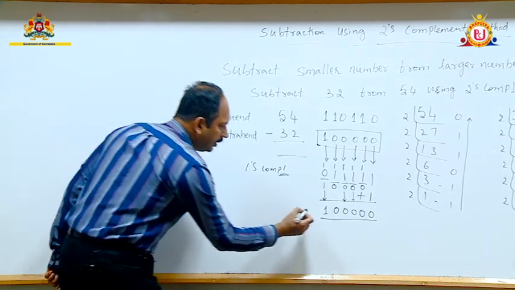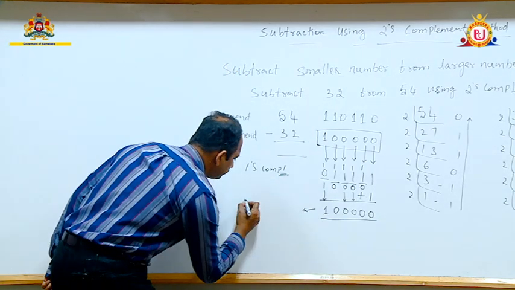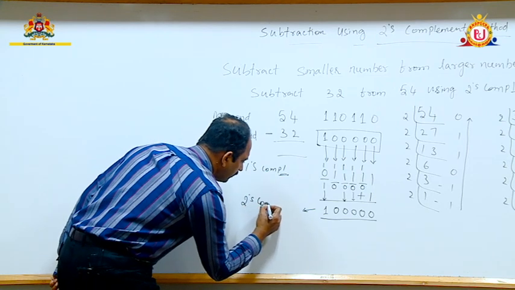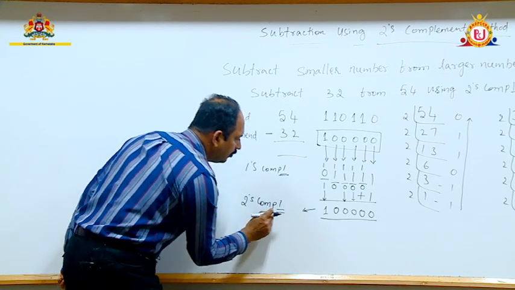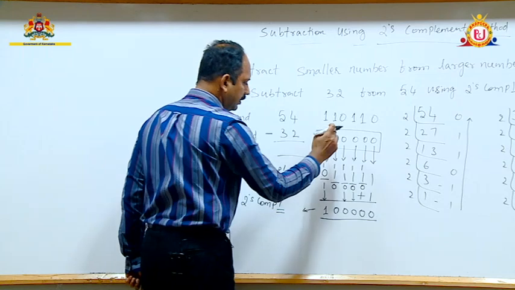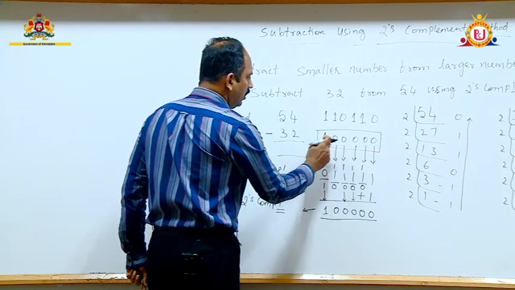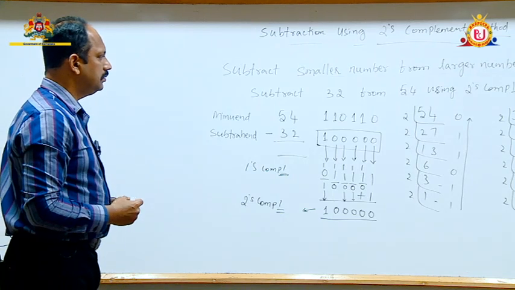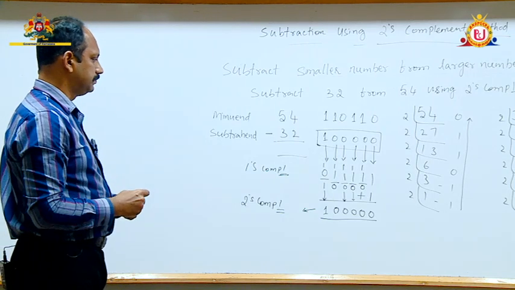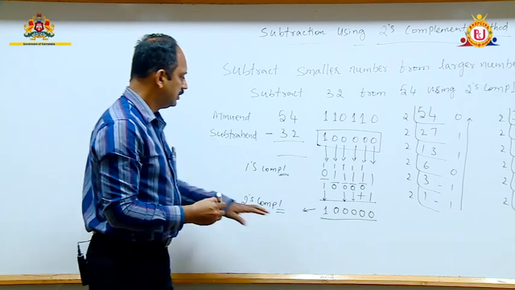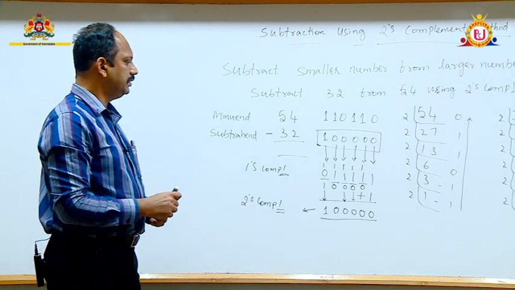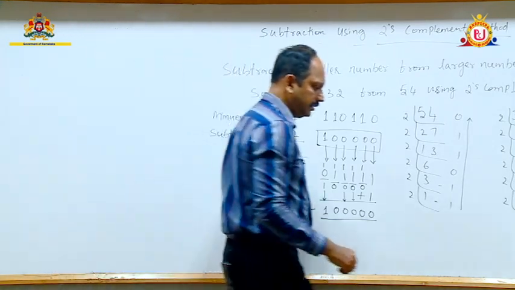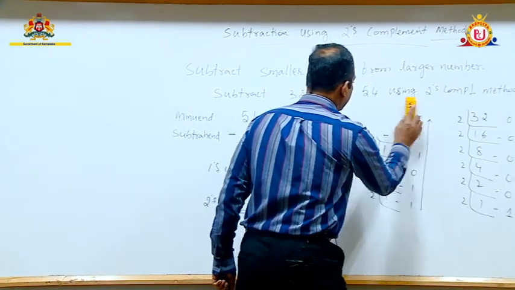So this number is the 2's complement number of 1, 0, 0, 0, 0 and 0. That is the same number we are getting here. Now what is next?